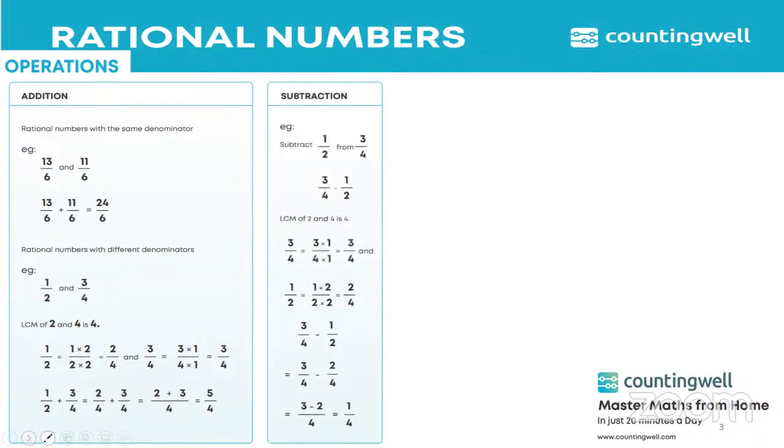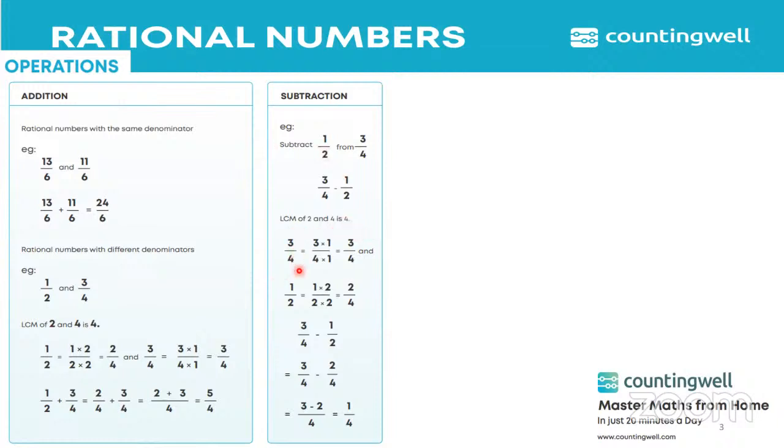Now let us see subtraction in case of rational numbers. We will see here an example of rational numbers with different denominators. So here we are going to subtract 1 by 2 from 3 by 4. So we find the LCM of 2 and 4 since the denominators are different. We know the LCM of 2 and 4 is 4.